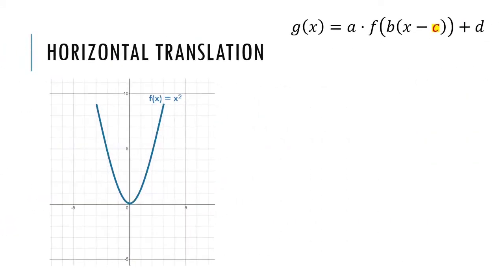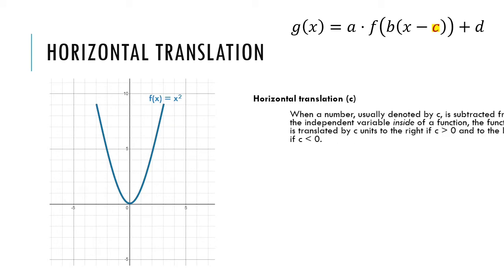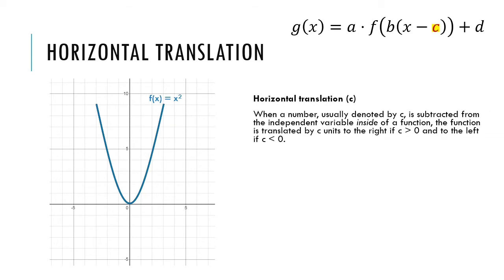Horizontal translation, the C. When a number, usually denoted by C, is subtracted from the independent variable inside of the function, it is translated by C units to the right if C is more than 0, and to the left if C is less than 0, which is a fancy way of saying x minus C goes to the right and x plus C goes to the left.